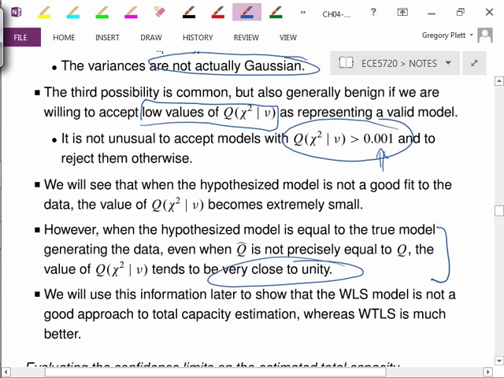If the hypothesized model is not a good model, then we become very small, very close to 0. And we will use this later on in an example to show that the weighted least squares model is not a good approach to total capacity estimation, but weighted total least squares is much, much better. So keep that in mind. This is how we're going to be able to more numerically show and quantify the fact that the total least squares method is better than the ordinary least squares method.